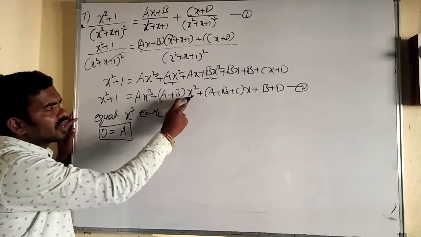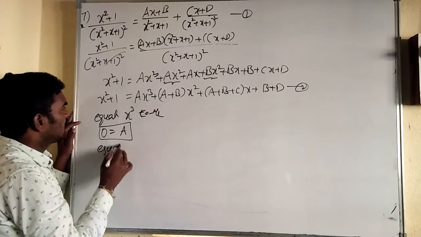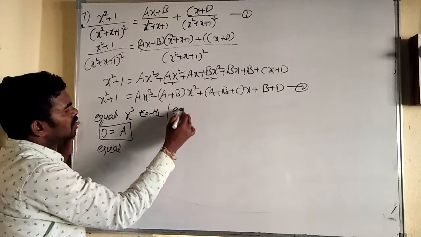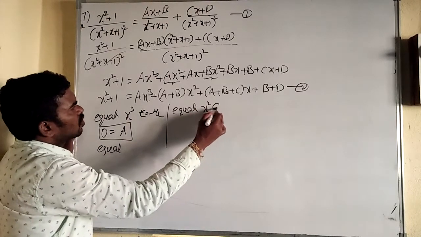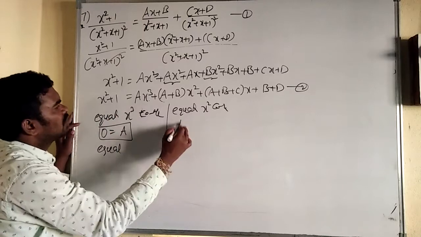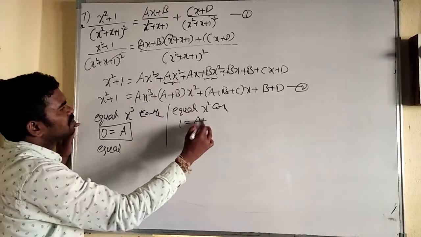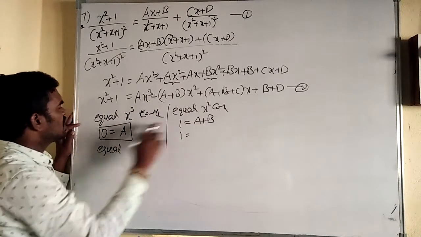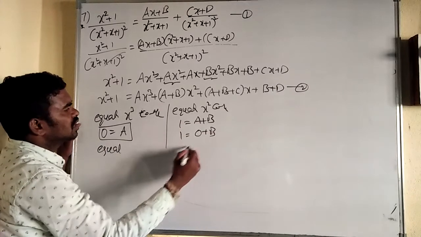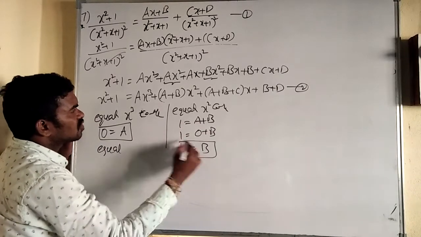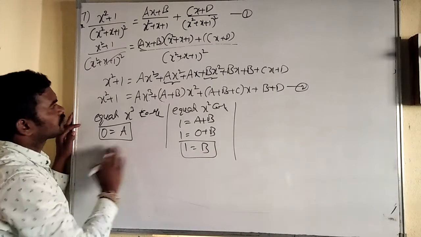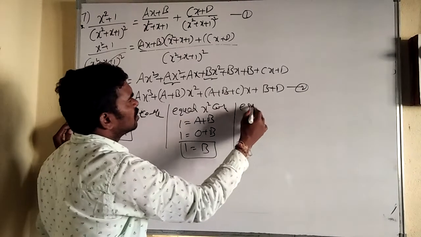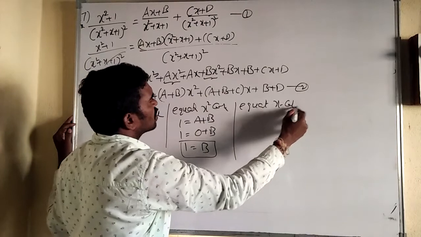Next, (a plus b) x square coefficient. So equating x square coefficient. Here x square coefficient is 1 no. Here x square coefficient is a plus b. So 1 equal, already a value 0 we know. So 0 plus b. So 1 equal to b. So b value also got it. Next, equating x coefficient.